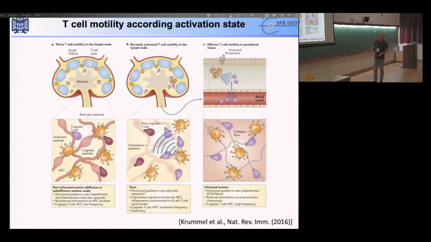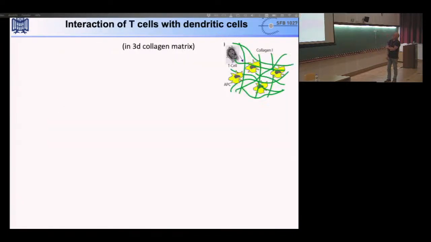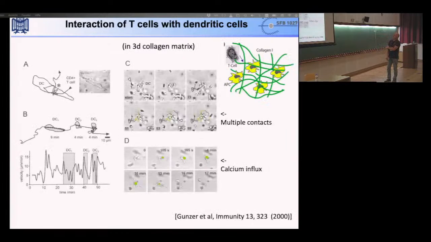But now, more important is, once they get activated, of course, then they have to migrate, for instance, through the tissue and try to find target cells. Yeah? So this is what I mean. And that has actually been investigated. In very early papers, they looked at the interaction of T cells with dendritic cells in the lymph nodes, or they put dendritic cells into an artificial collagen matrix, and then they studied essentially the pattern of movement.